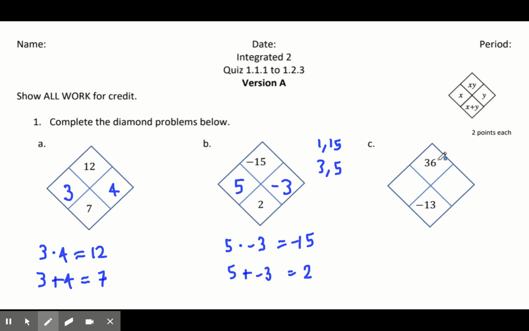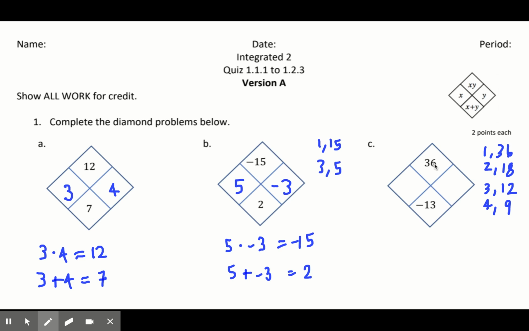You want to do the same thing here with 36. If you don't get it right away, it's always helpful to systematically write the numbers: 1 and 36, 2 and 18, 3 and 12, 4 and 9. You need two numbers that multiply to positive 36 and add to negative 13.